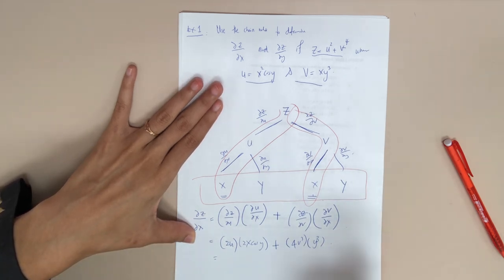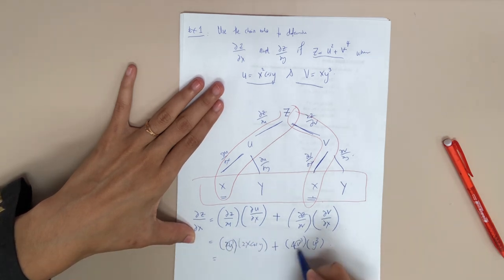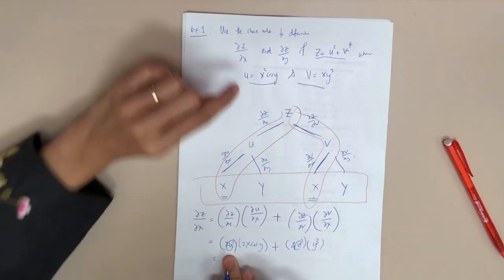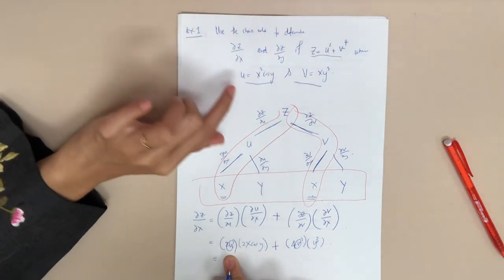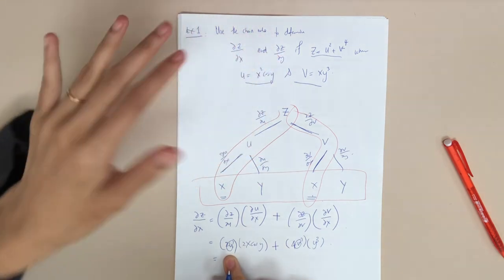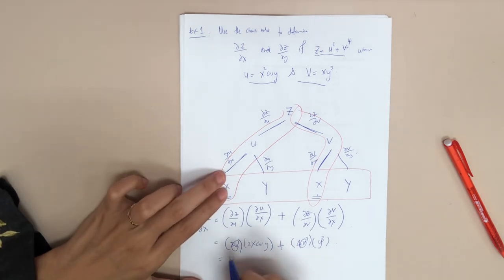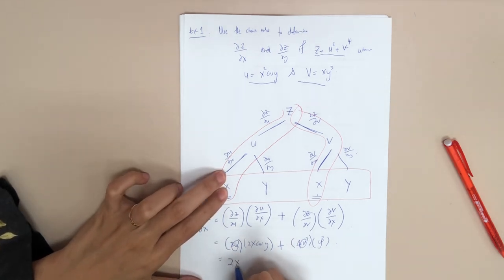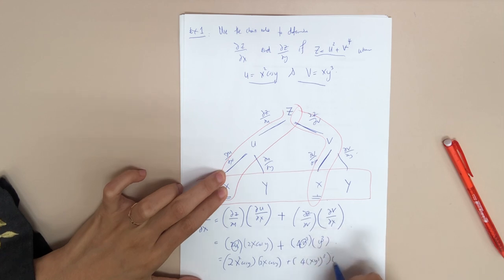So what should you do? You have u and v here, so you just substitute u and v from the equations. From the question you already have the equations for u and v. So I will replace u with x squared cos y, and v with xy cubed.